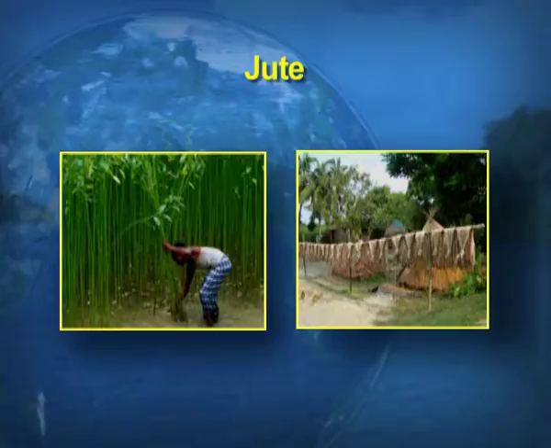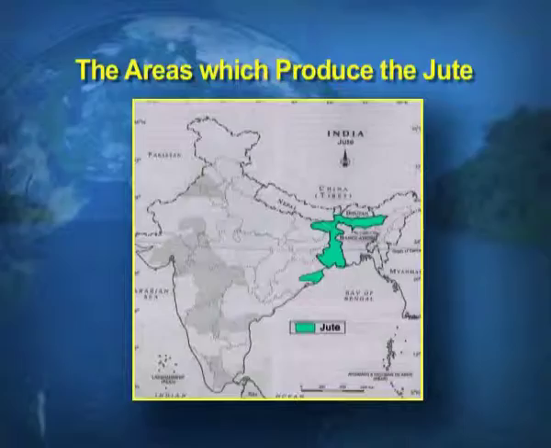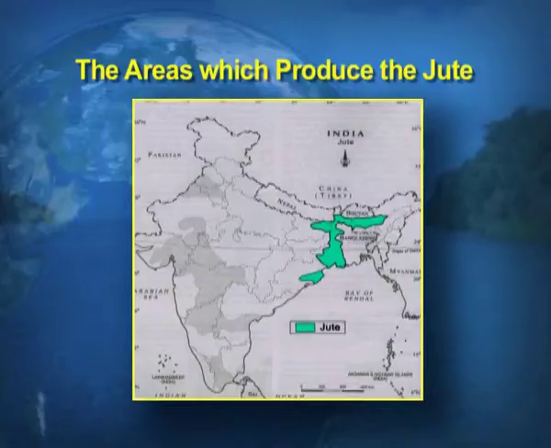This is a basic crop which had been used in India for various purposes, but unfortunately now it has been replaced by plastics, which is a basic threat to the environment. Now, on the screens you can see a visual which shows the areas which produce jute.